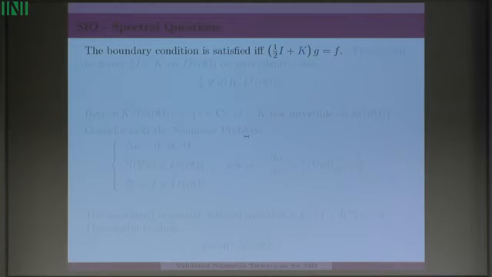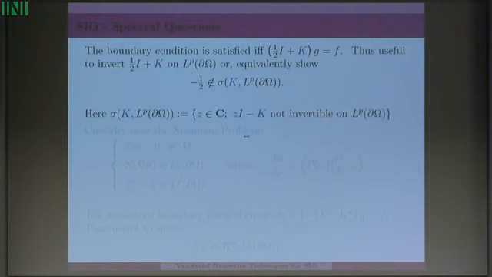So it is really desirable to establish invertibility properties for 1/2 identity plus K on L^p spaces, and to phrase this as a spectral problem, this amounts to saying that -1/2 does not belong to the spectrum of the operator K on L^p. Here the spectrum consists of all those points z in the complex plane such that z identity minus K is not invertible, okay?